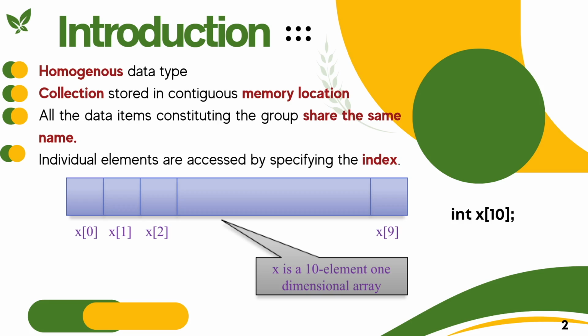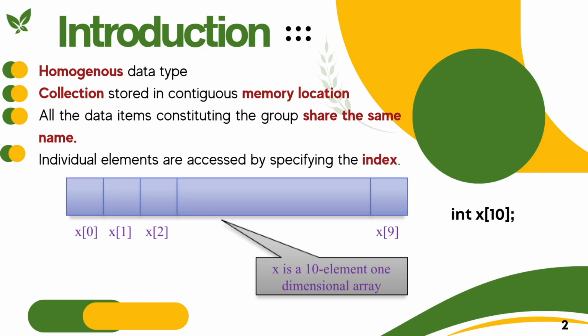Say for instance, if I have an array of 5 elements and all those 5 elements will be available in sequence in memory.